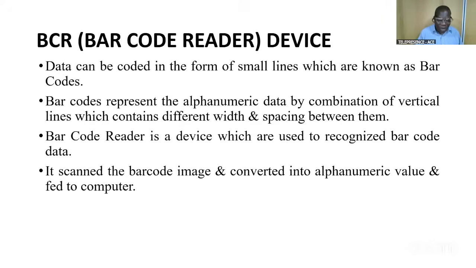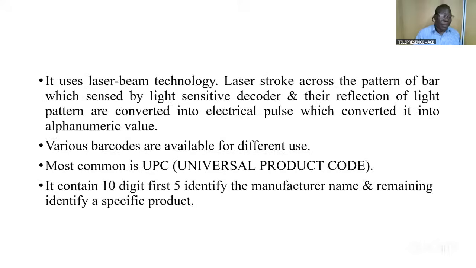It scans the barcode image, converts it into an alphanumeric value, and feeds it to the system. It uses laser beam technology. The laser strokes across the pattern of bars, which is sensed by a light-sensitive decoder, and the reflected light patterns are converted into electrical pulses, which are converted into alphanumeric values.